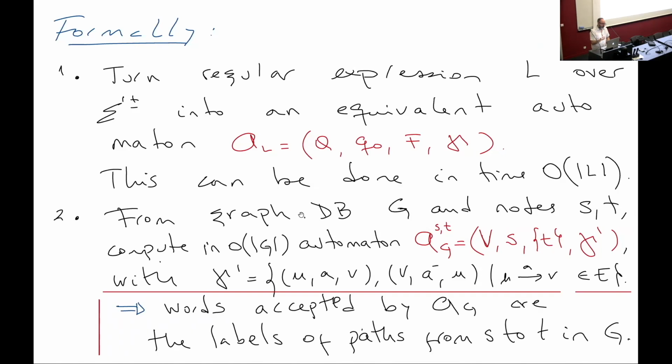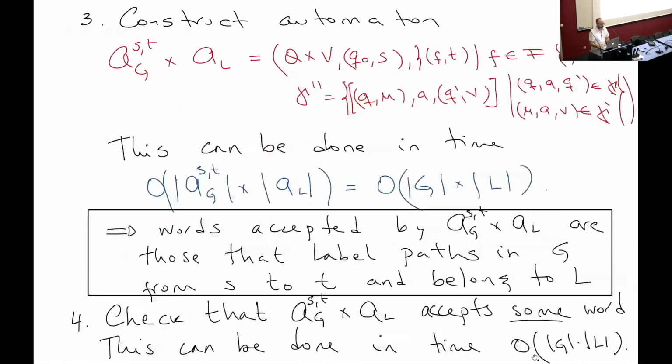We can see the graph database as an automaton with initial state S and final state T, and the words accepted by this automaton are precisely the labels of the paths from S to T in G. And then we can construct the intersection of these two automata, the regular expression that is constraining which kind of paths we want, and the graph database.